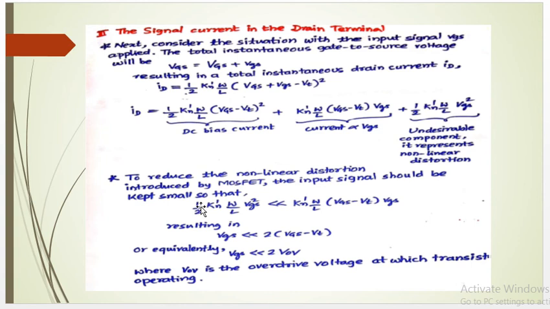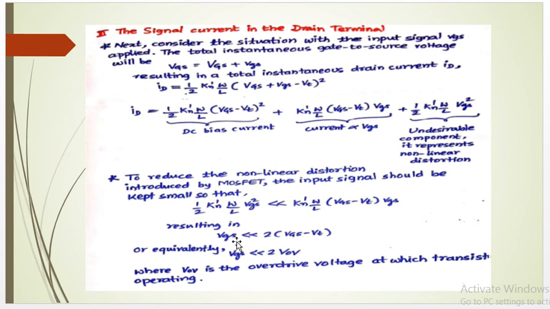We have analyzed it. Next, to reduce the non-linear distortion introduced by the MOSFET, the input signal should be kept small so that half Kn dash W by L Vgs square should be very much less than Kn dash W by L Vgs minus Vt into Vgs. To reduce non-linear distortion, this third term should be much lesser as compared to the second term.